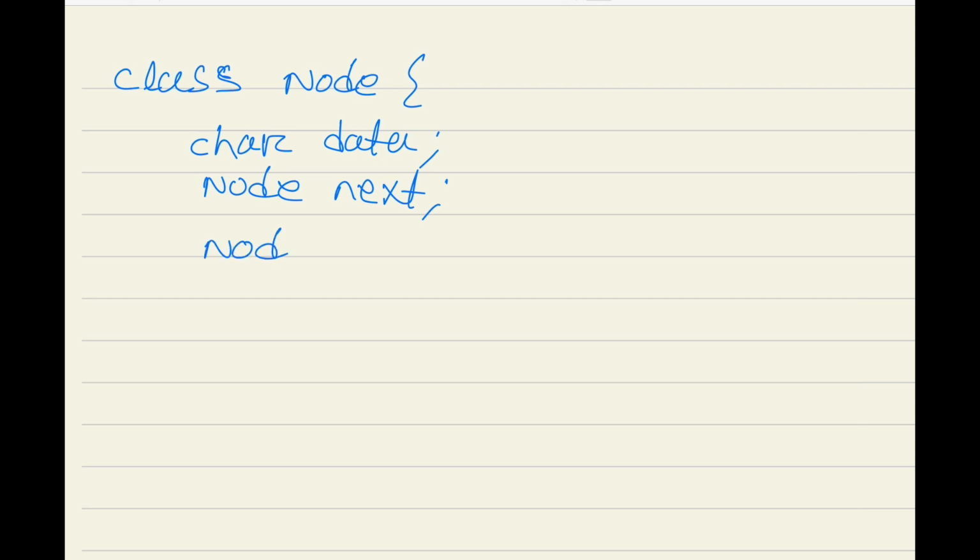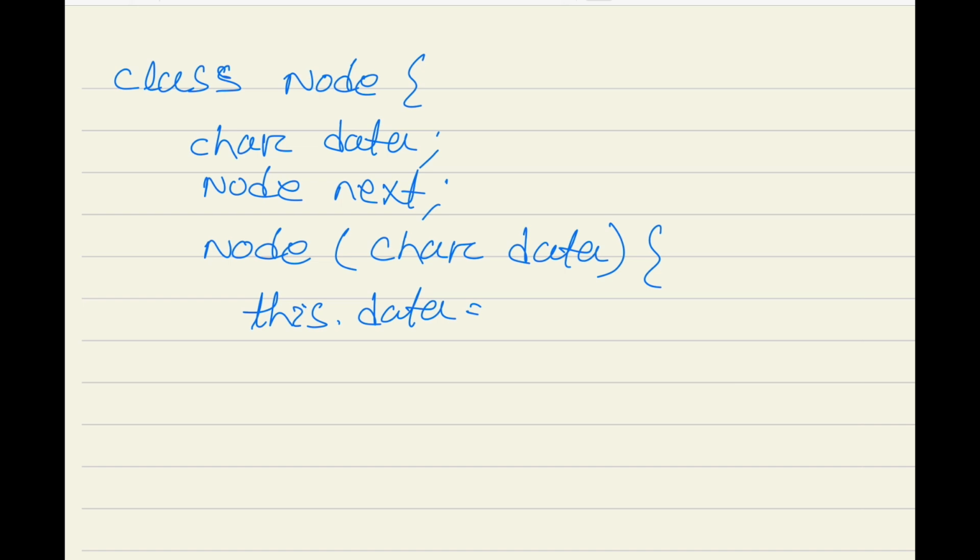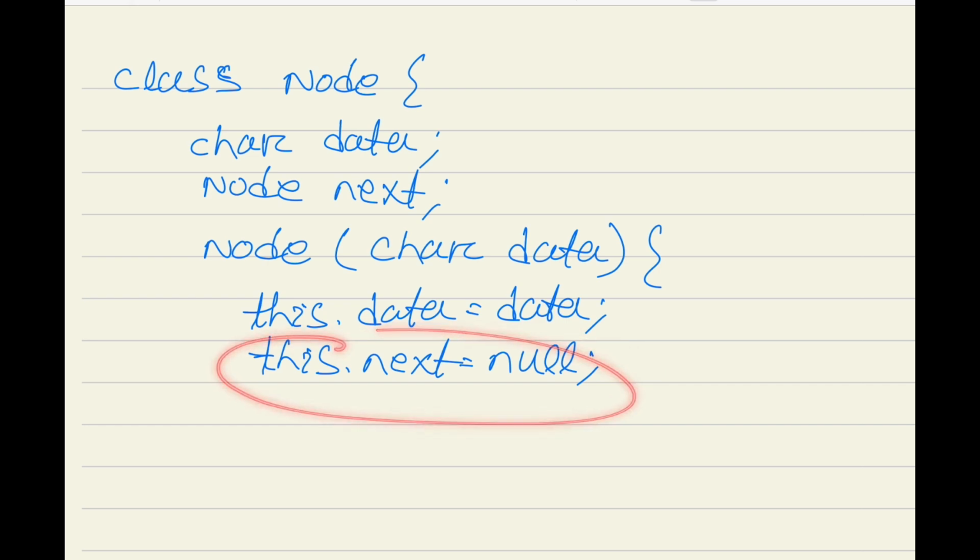So you can take a constructor to initialize the objects. So we can write node char data, and we can write this dot data equal to data, and also write this dot next equal to null. So this step is optional, this dot next equal to null. If you want you can write, otherwise you can skip, because by default the reference variables are initialized with null. Okay, so this is end of constructor, end of class node.